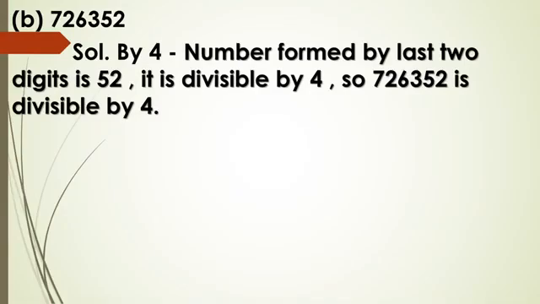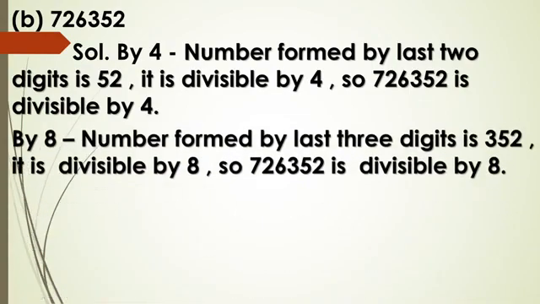So 7,26,352 is also divisible by 4. Now check by 8. The number formed by the last 3 digits is 352. Is 352 divisible by 8? Yes, it is divisible by 8. So 7,26,352 is divisible by 8.